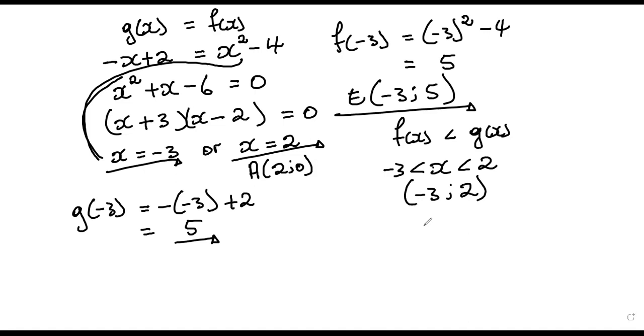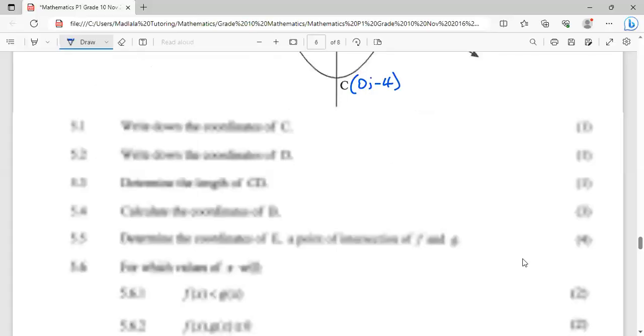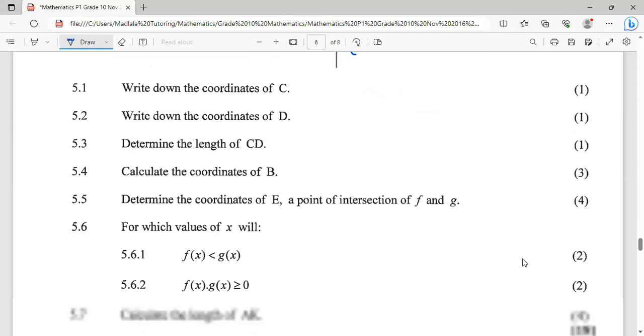Now let's go and see the second question, 5.6.2. So here they say we are still looking for the values of x such that f of x multiplied by g of x is greater or equal to 0.